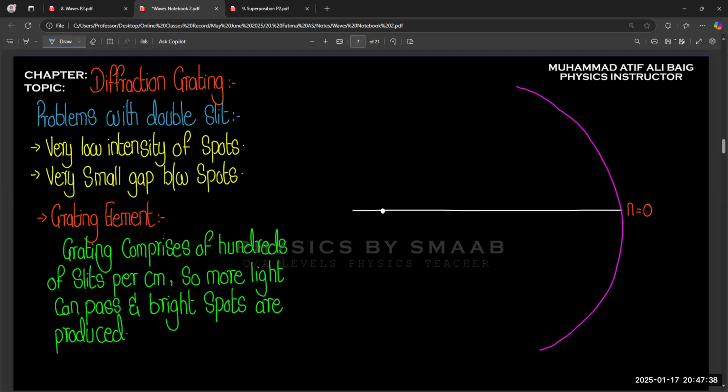For example, if we are getting one bright fringe over here, this is order number one. And for example, second over here, third over here. In this way, we will get different orders: n equals 1, 2, 3.